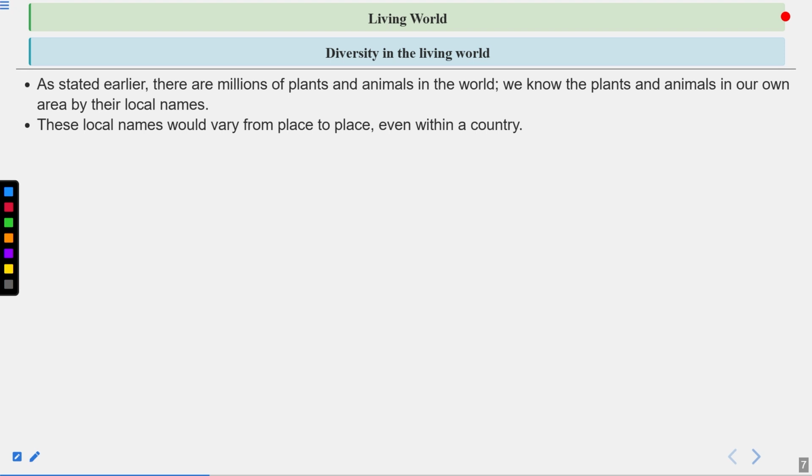Let's take for example ladyfinger, which is okra. In Hindi it is called bhindi, in Tamil it is called vendakai, in Bengali it is known as dherosh. So these local names vary even within a country, and this creates confusion. Which thing are you talking about?